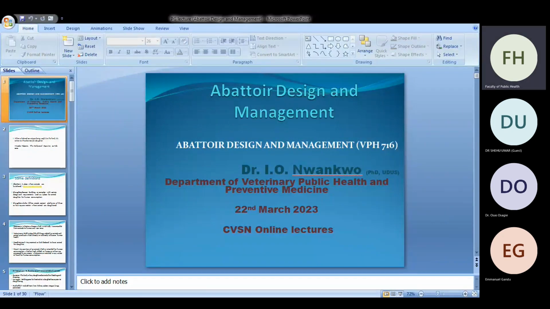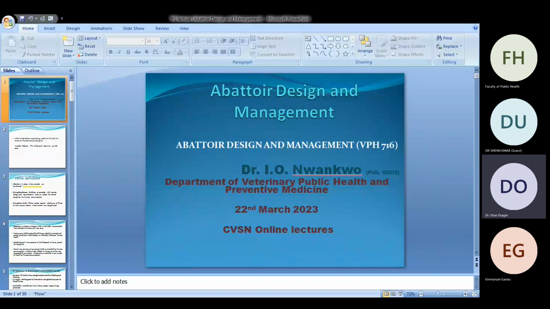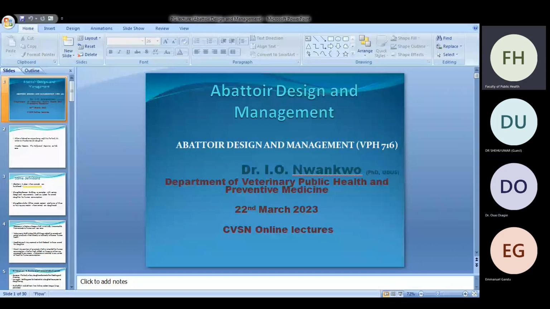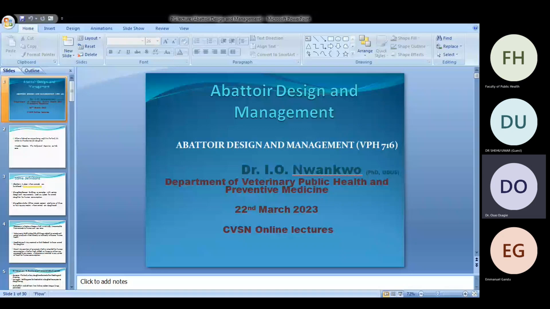Then, in the process of working in the abattoir, there is what we call clean area and unclean area. Clean operation and unclean operation. The clean area is designated for slaughter operations after evisceration to dispatch.